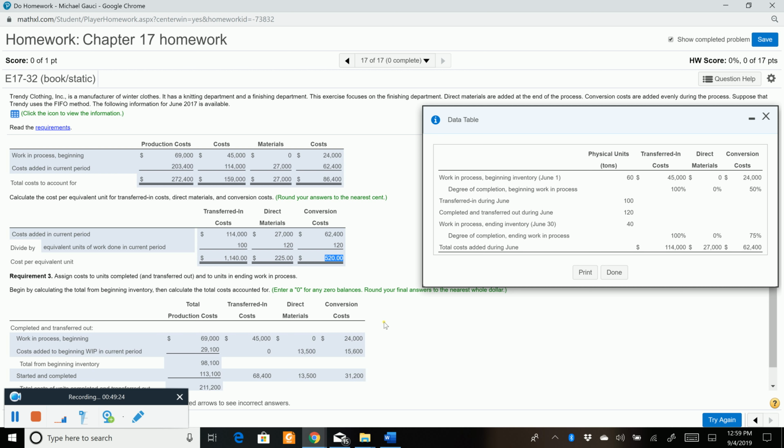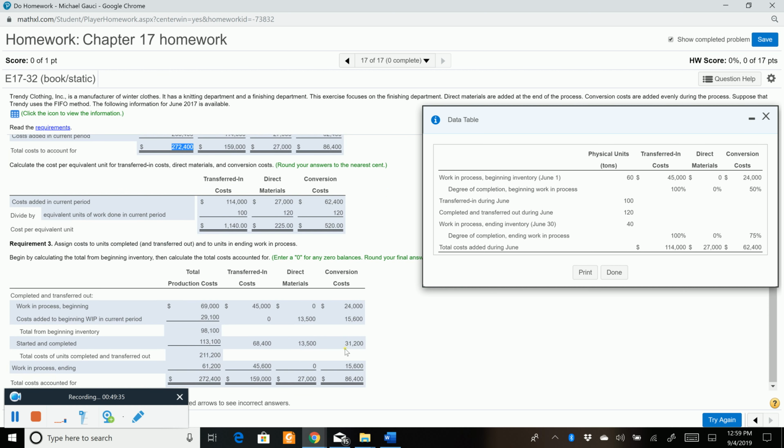We need to assign the $272,400. How much of it goes on to finished goods and how much stays in ending WIP? So what we're going to do, first, the beginning WIP numbers. This is exactly what was given to us, and that is going to remain in what gets transferred out because they were completed during the period.